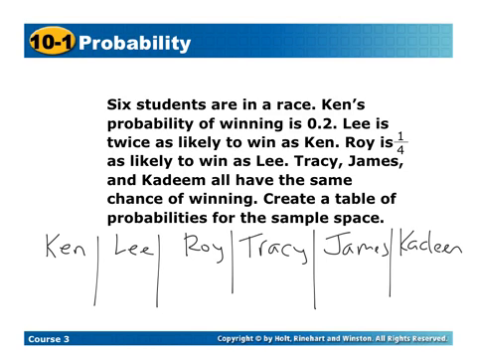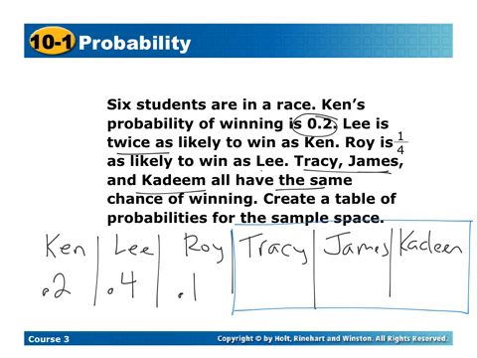I'm going to start with Ken because it actually gives us his probability. It's going to be 0.2. Now here it says Lee is twice as likely to win, so we can double Ken's, which makes his 0.4. Roy is 1/4 as likely to win as Lee, so we would divide that by 4, which is 0.1. Here, since Tracy, James, and Kadeem have all the same chance, that means whatever's left has to be divided among the three of them.